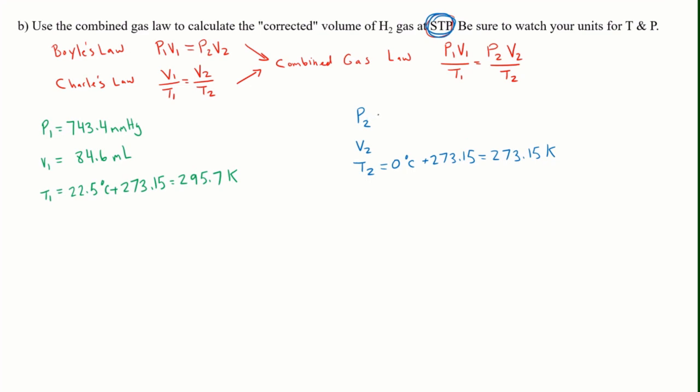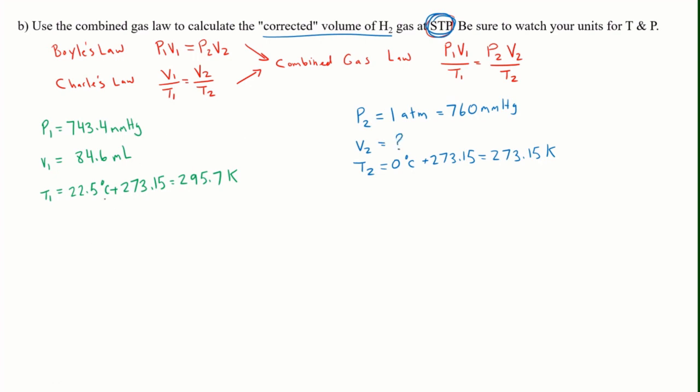Standard pressure is 1 atmosphere, which is also 760 millimeters of mercury, and I would like to use millimeters of mercury because my answer from part A is in millimeters of mercury. So this here is 760 millimeters of mercury. I am looking to correct my volume of hydrogen at STP, so V2 is what I'm looking for.